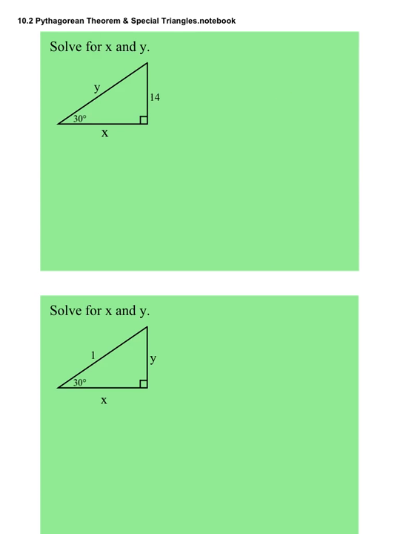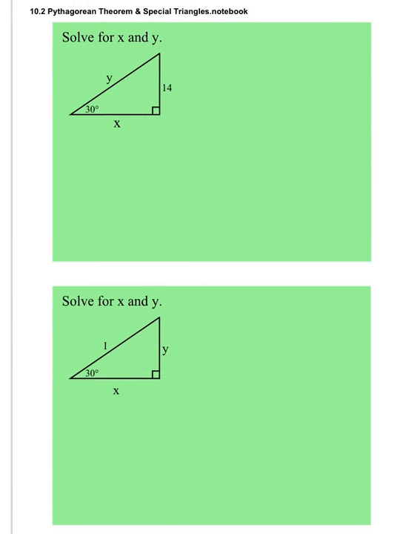Given what we know about a 30, 60, 90 triangle, we can then solve for missing sides and hypotenuse of any 30, 60, 90 triangle by creating proportions. So I'm first going to draw in our 30, 60, 90 reference triangle.